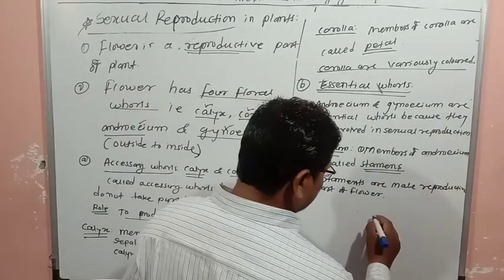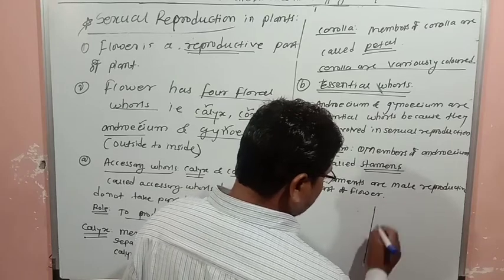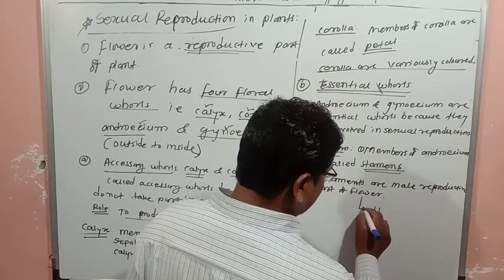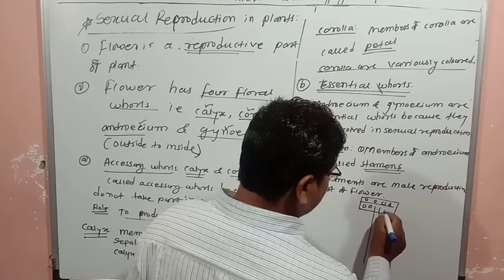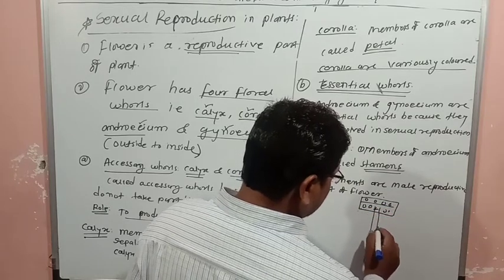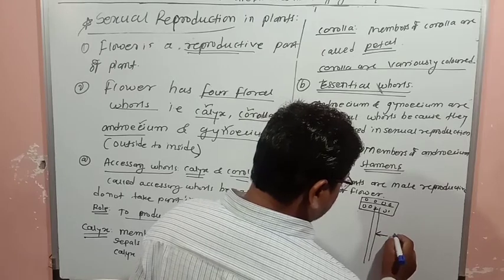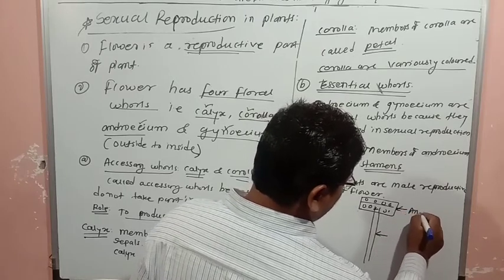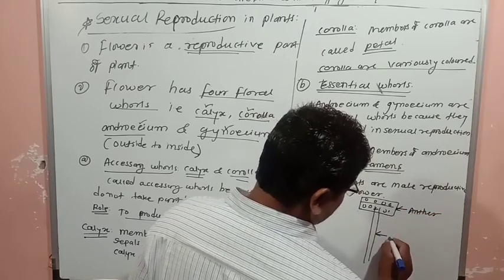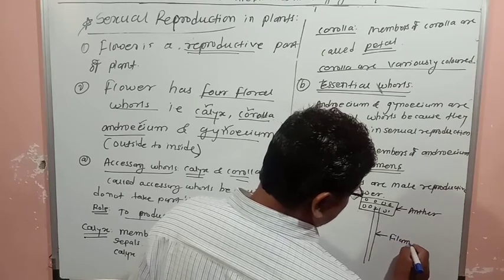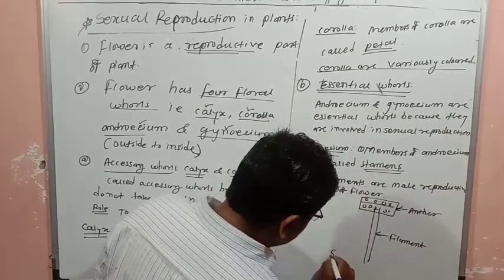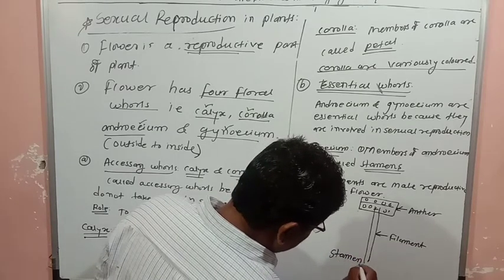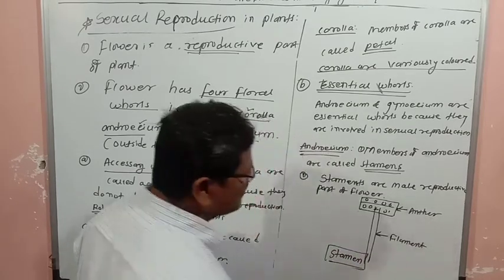Now see the structure of the stamen. In stamens, pollen grains are there. Here this one is the anther, this one is the filament. This is the diagram of the stamen.